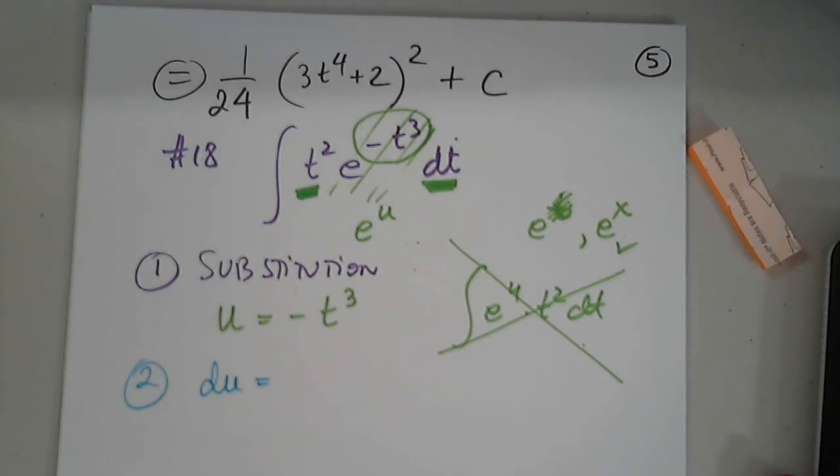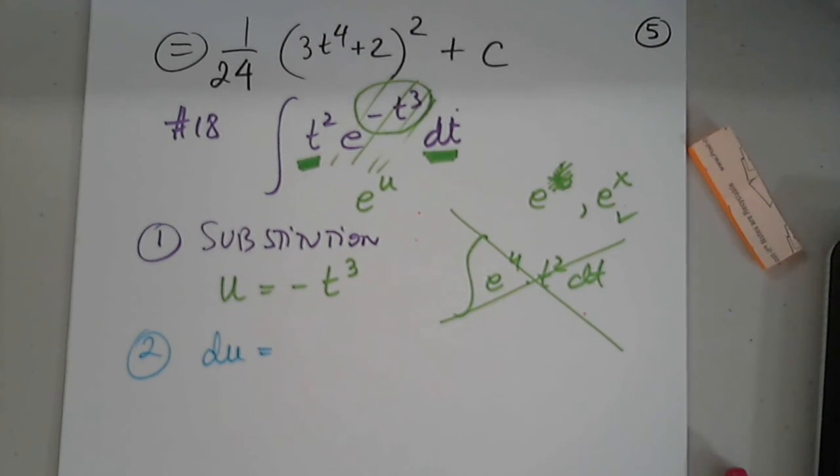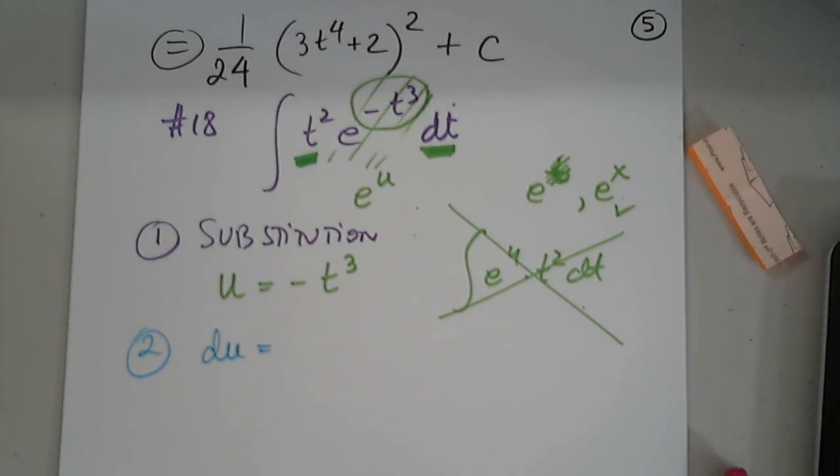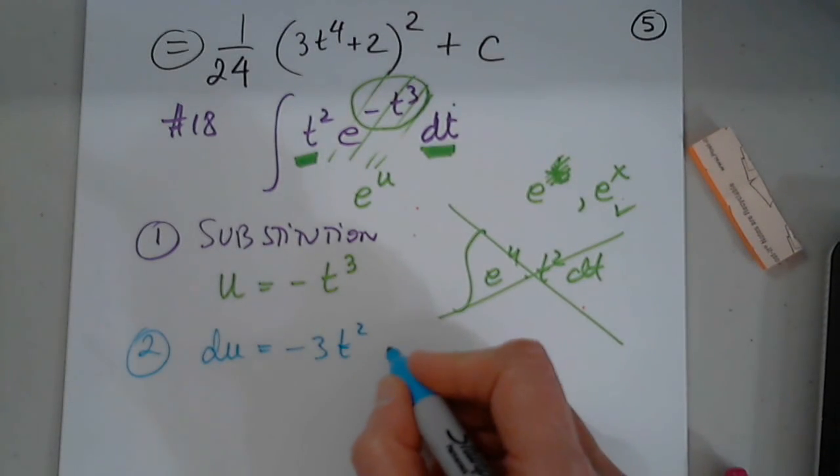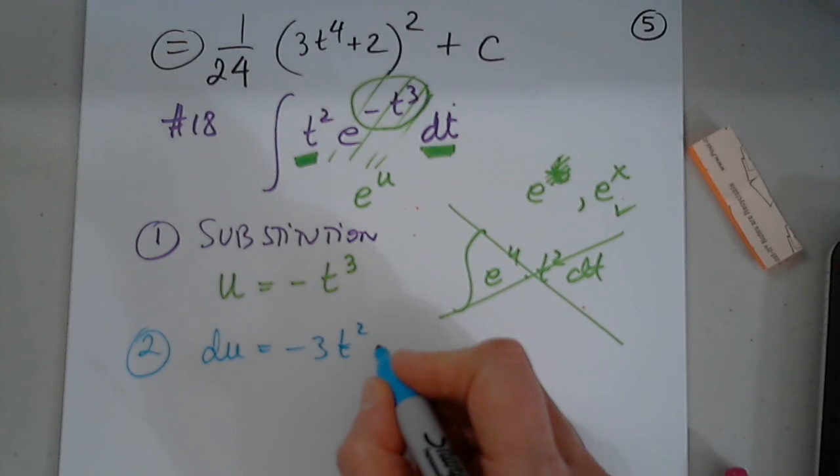Can anyone give us du? The differential of u? Anyone? Negative 3t squared. That's not enough. Plus e over 2. Oh, plus e.